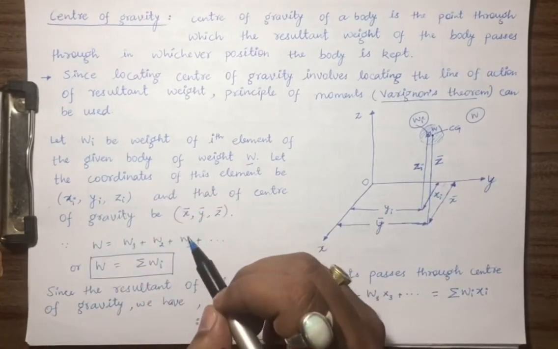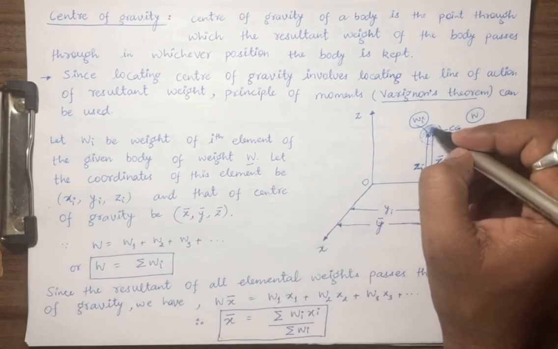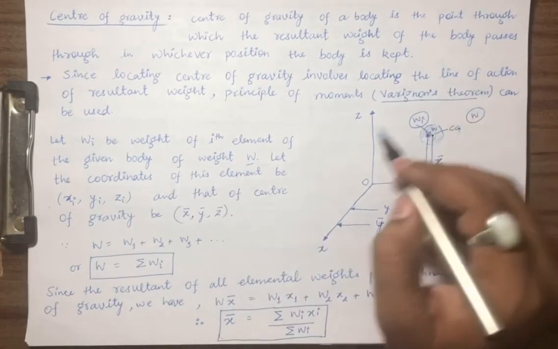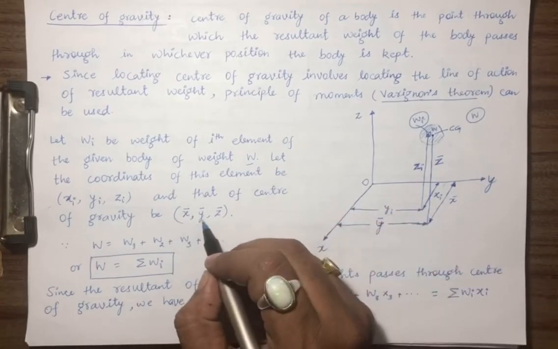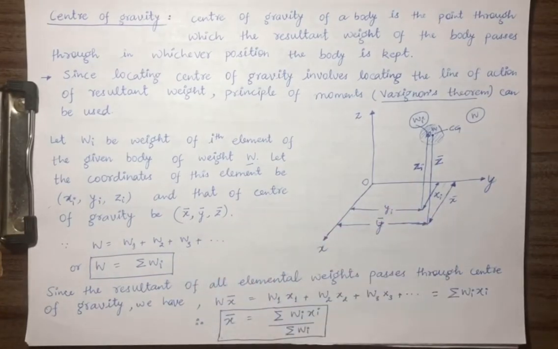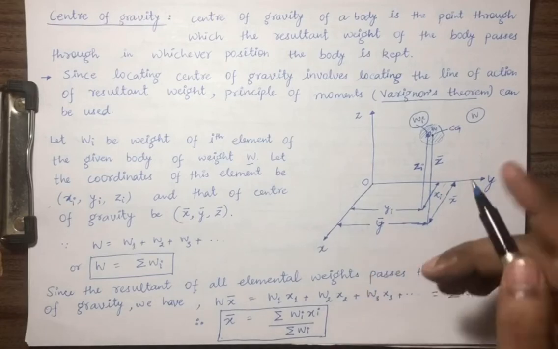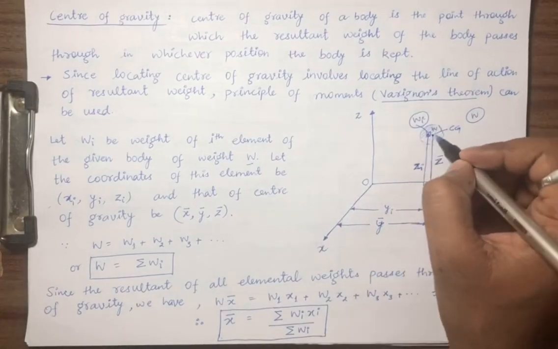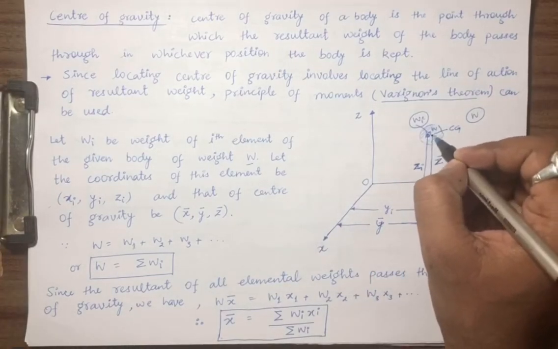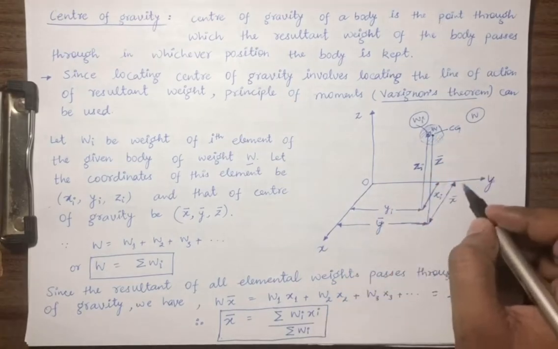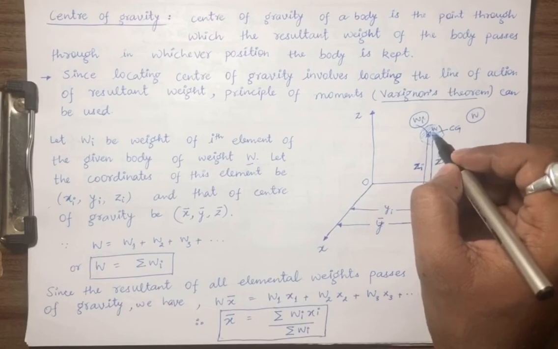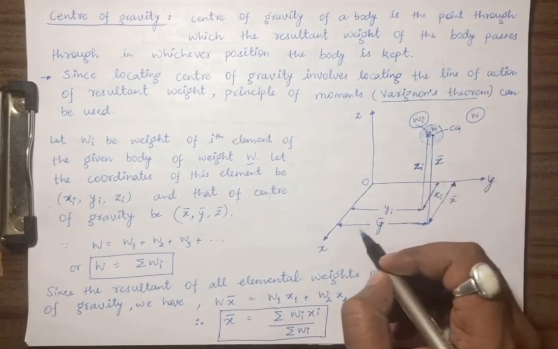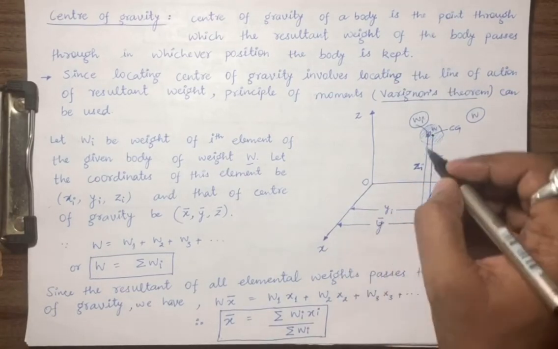So these are the coordinates of the center of gravity of this small element, and that of the center of gravity of the body is x bar, y bar and z bar. So these are two different points. The coordinates of this point are x bar, y bar and z bar, and the coordinates of the center of gravity of this small element are xi, yi and zi.